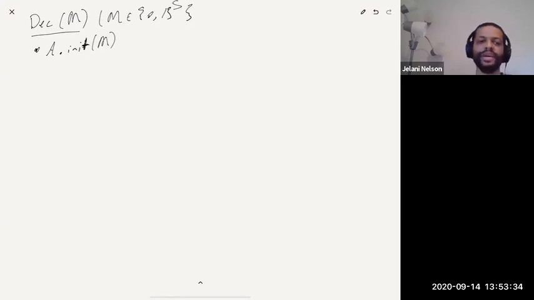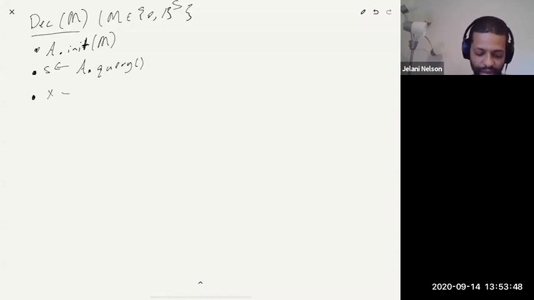Then I'll ask, what is the number of distinct elements? So I'll say s is equal to A.query. And then I'll initialize my return value x to be, for now, the all zeros vector, but I'll gradually add some ones into it as I discover ones.